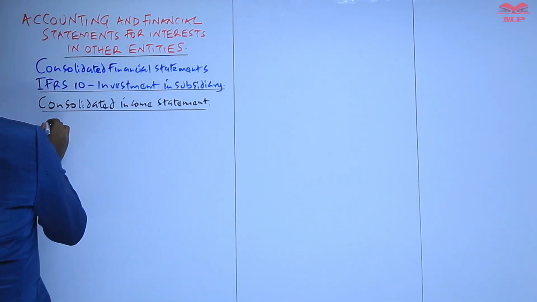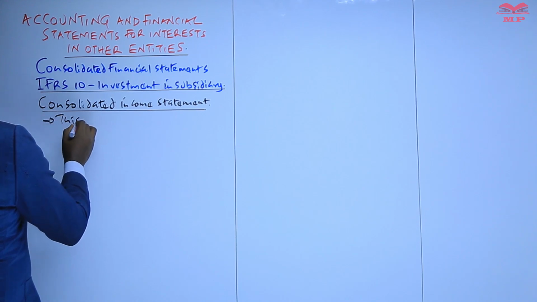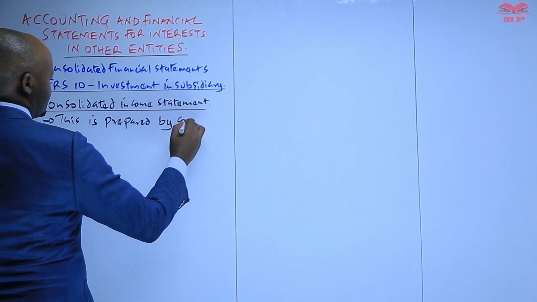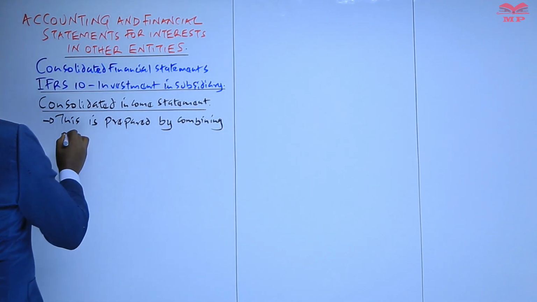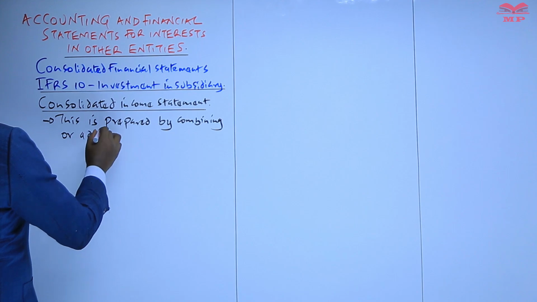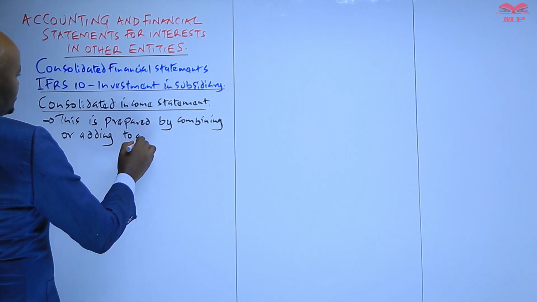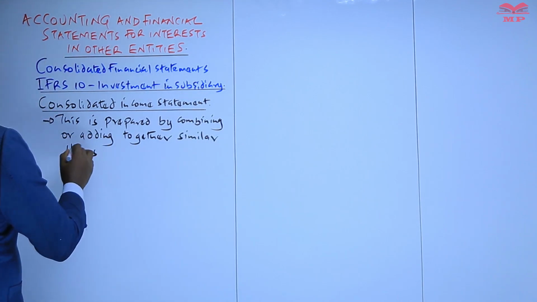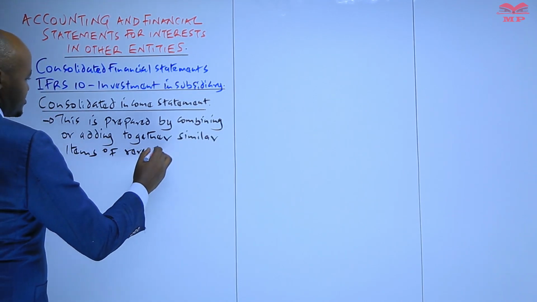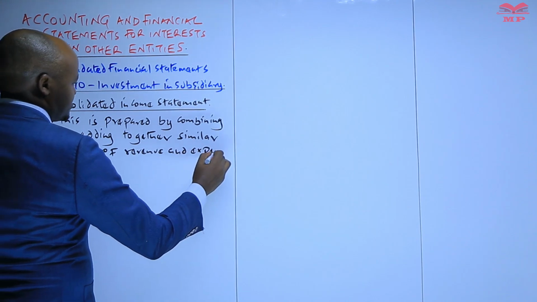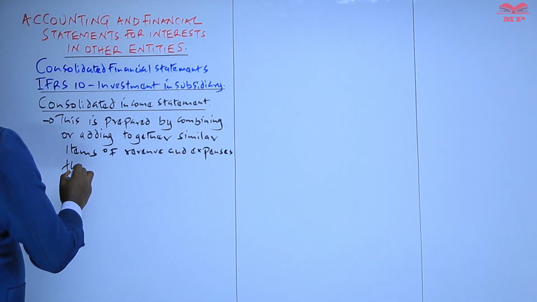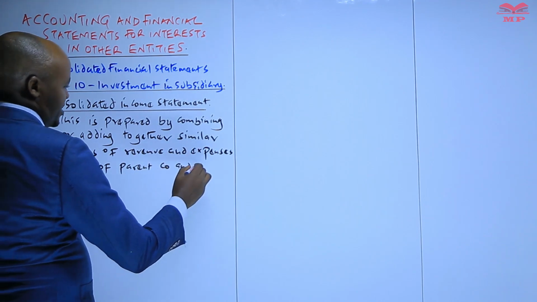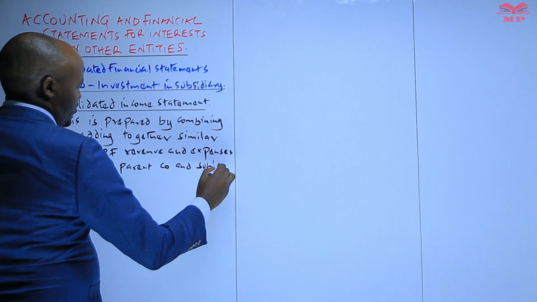So first of all, you can say that this is prepared by combining or adding together similar items of revenue and expenses, those of the parent company and those of the subsidiary.